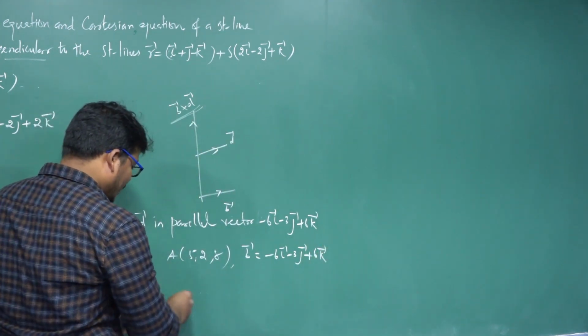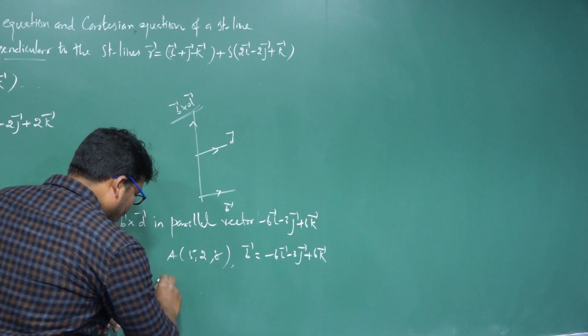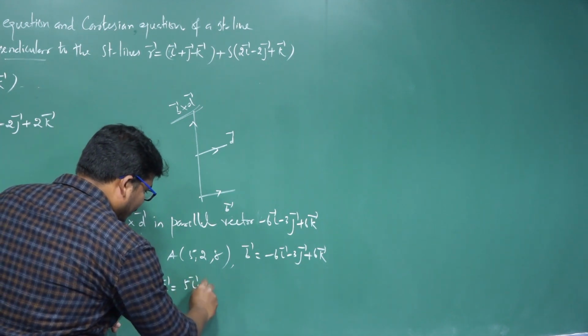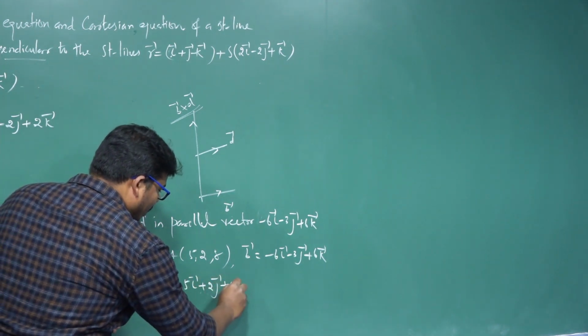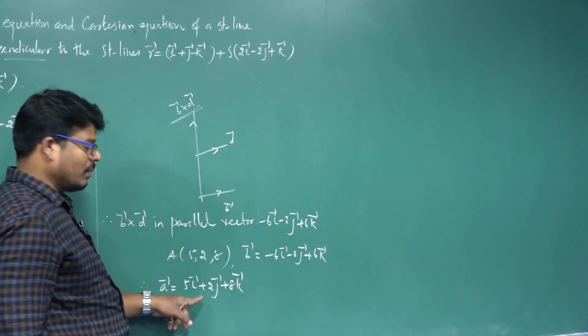Therefore, A vector equals 5i vector plus 2j vector plus 8k vector, which is the point.